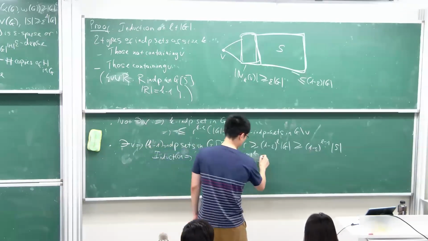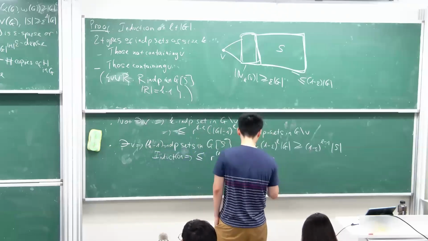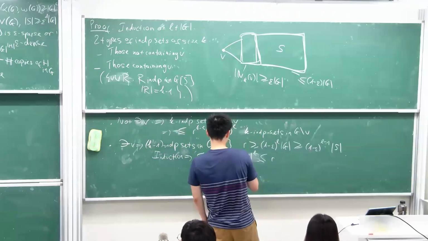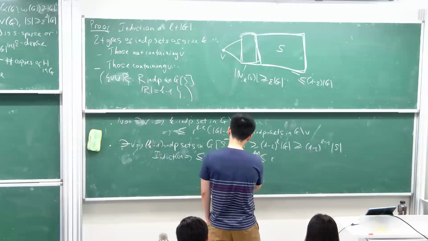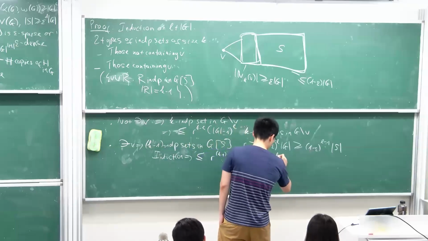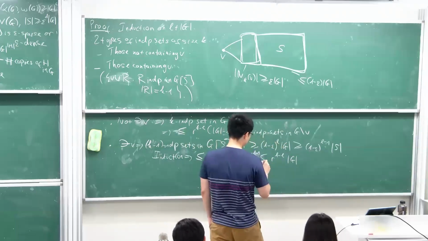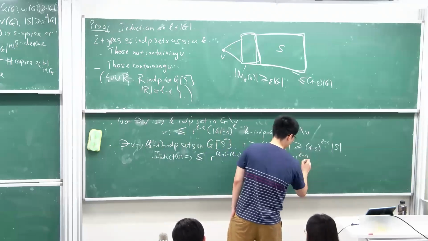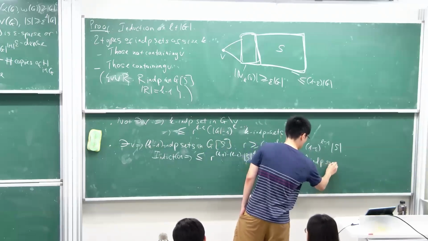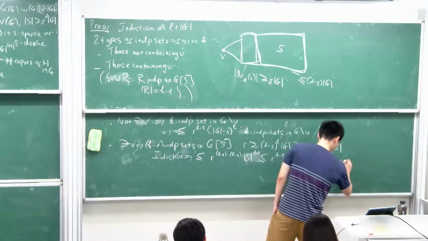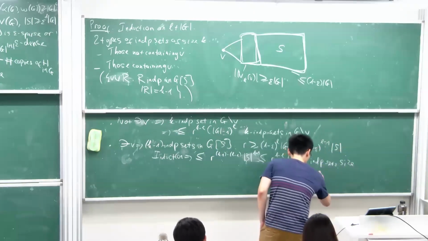Okay, and this is at most L minus 1, and this is at most R to the K minus L times, let me do a very trivial bound here, G to the L minus 1, times K.